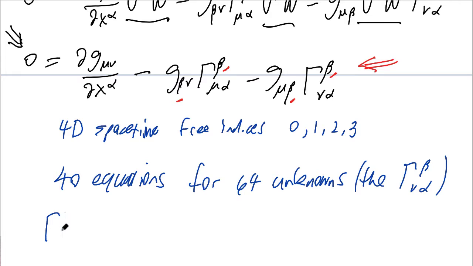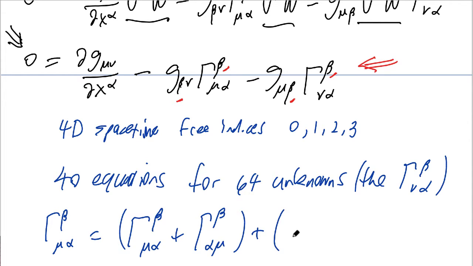The Christoffel symbols, gamma beta mu alpha. Just pick a value for beta and look at this. Think of this as a matrix, a 4 by 4 matrix in its lower 2 indices. We can always split any matrix up into a symmetric and an anti-symmetric piece. So for example, we can always write this as gamma beta mu alpha plus gamma beta alpha mu, plus gamma beta mu alpha minus gamma beta alpha mu.